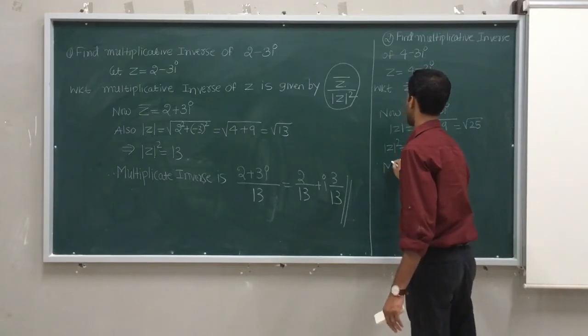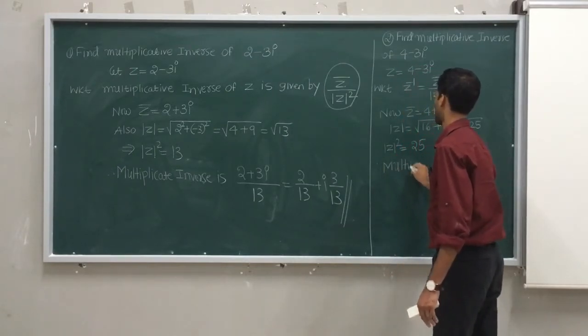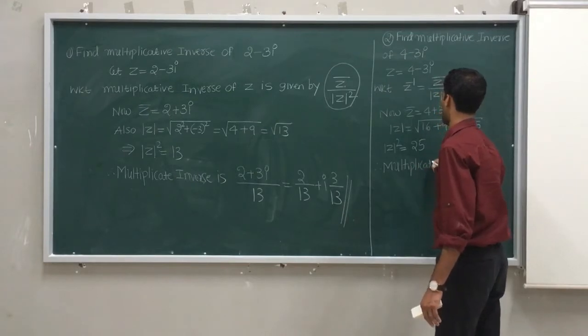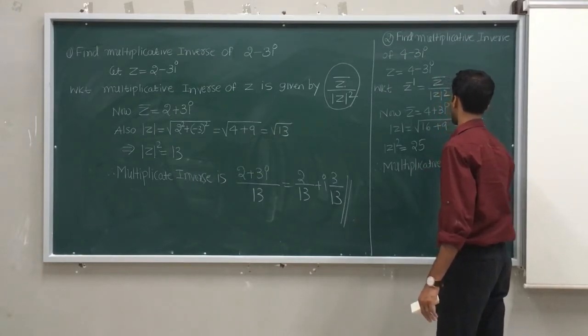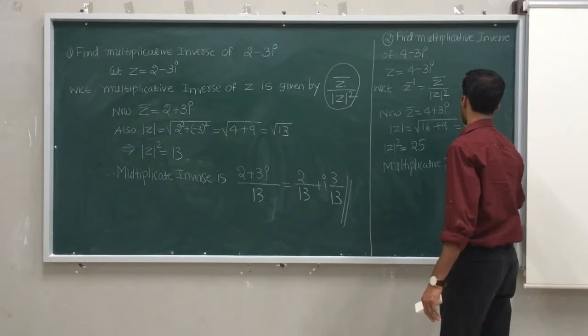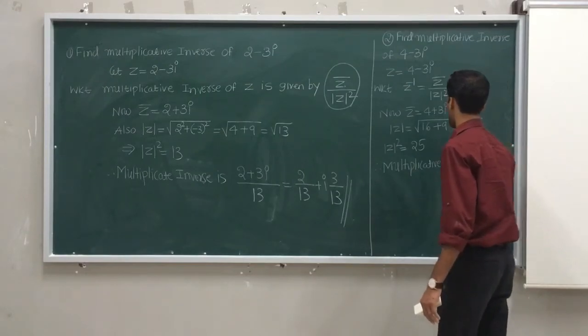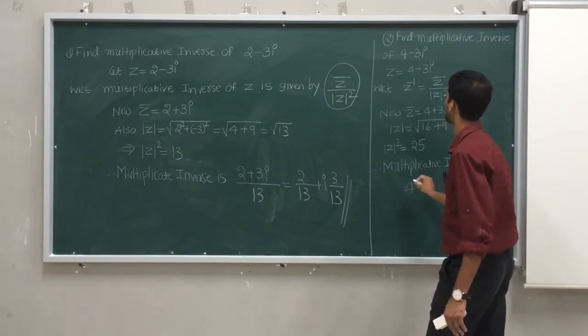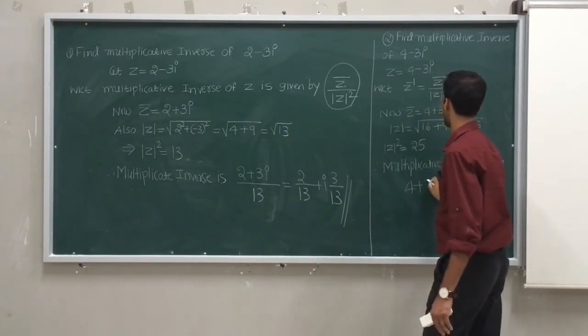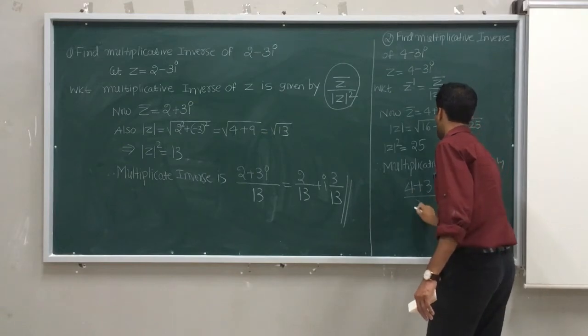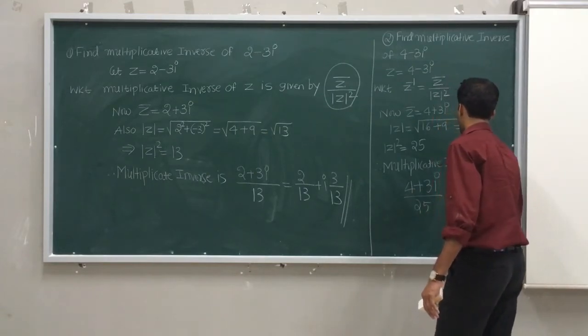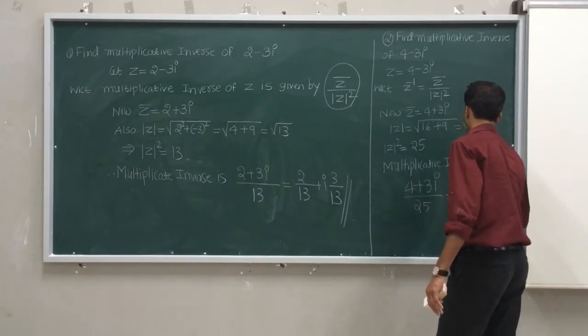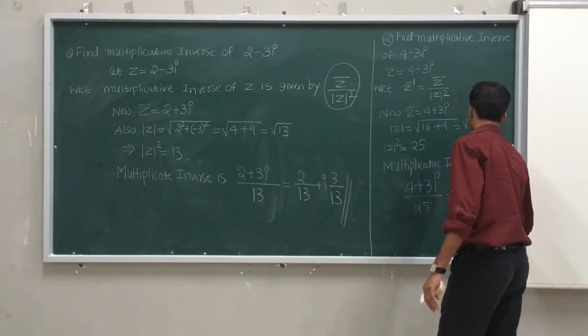Therefore the multiplicative inverse is given by z bar, that is 4 plus 3i upon 25, or you can write it like that, 4 by 25 plus i times 3 by 25.